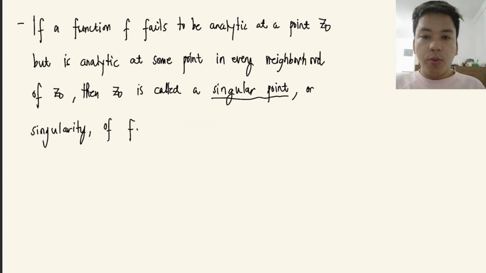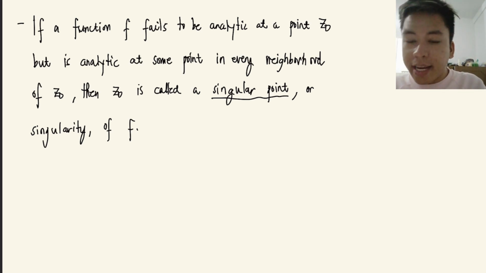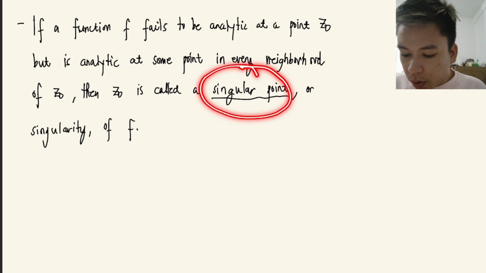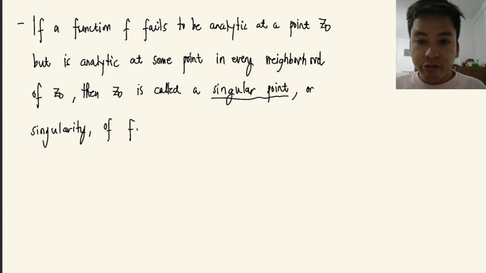We already have shown the definition of an analytic function, but when a function f fails to be analytic at a given point z0, but is analytic at some point in every neighborhood of z0, then such z0 is called a singular point or singularity of f.